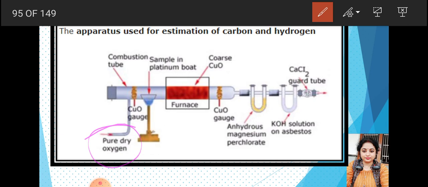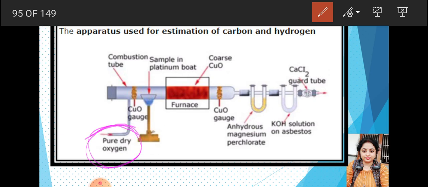Oxygen to be used should be completely free from moisture and carbon dioxide. Oxygen from the aspirator is passed through tubes containing pumice stone soaked in concentrated sulfuric acid and potassium hydroxide to remove moisture and carbon dioxide.